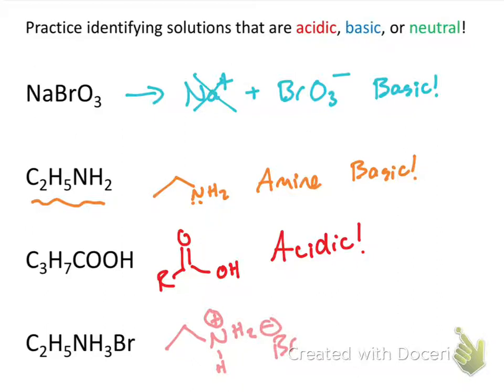Anything with a positive charge that's not a group 1 metal cation nor a group 2 calcium and below is going to be acidic. And essentially all of the ammonium salts that we look at will be acidic. Again, what we have is this nitrogen here. It has a positive formal charge on it. And then the bromide is counterbalancing our organic acid here. Okay.